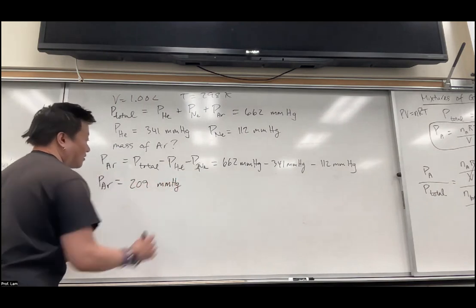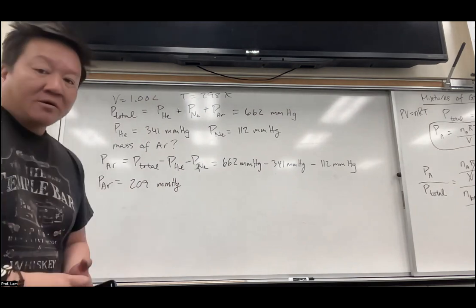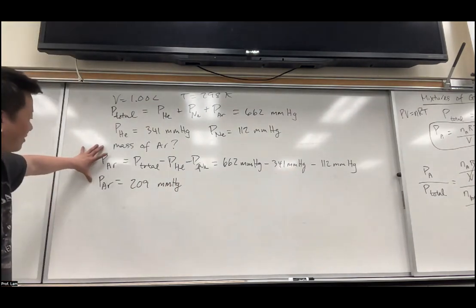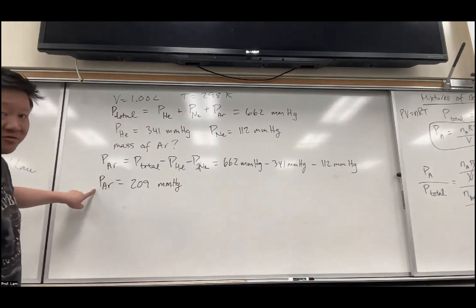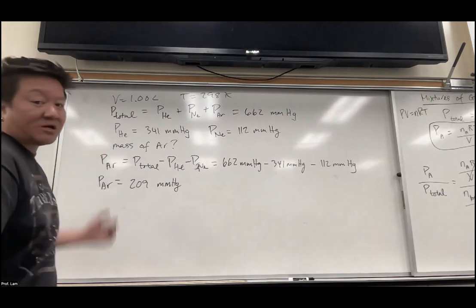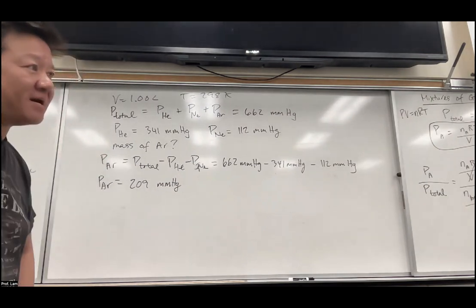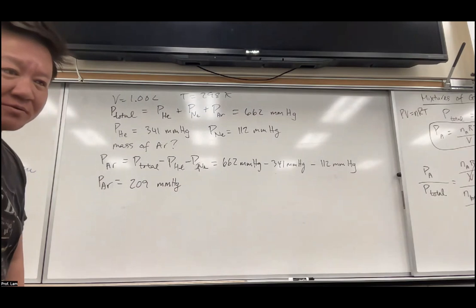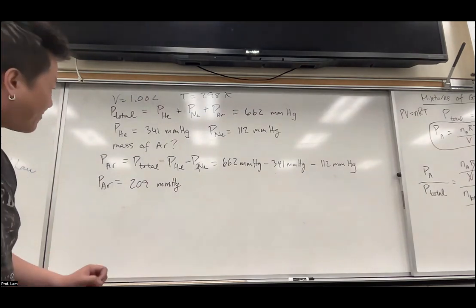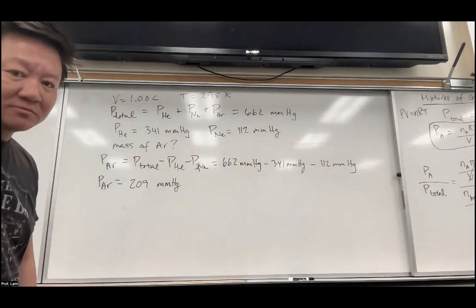mmHg. Okay. And now let's orient ourselves. We have the partial pressure of argon, but it doesn't want that. It wants the mass of argon. So what's related to mass? It would be moles. So we know we need to get to moles of argon first. How do we get from a pressure to moles?